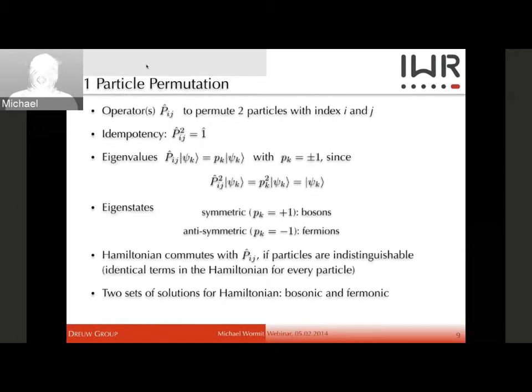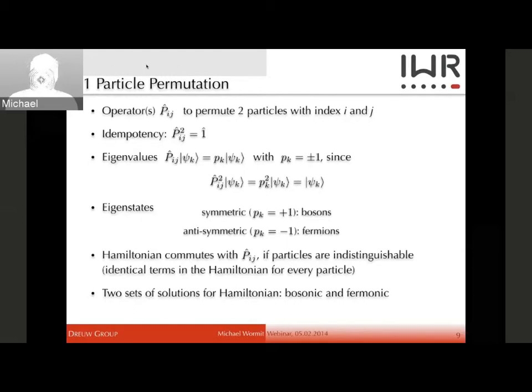And from this, we can directly deduce that the eigenvalues of this permutation operator can only be plus or minus 1.